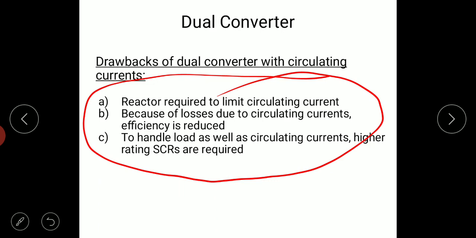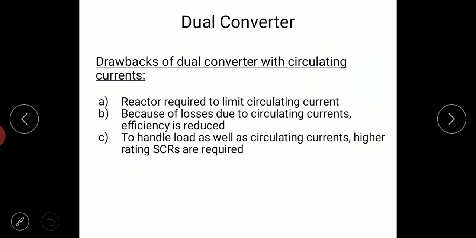because of these disadvantages, in most cases we prefer this circulating current type if the response required is fast. If we require instantaneous switching from converter 1 to converter 2 so that there is a change in load current, then we will prefer the dual converter with circulating current even if it has the following disadvantages.